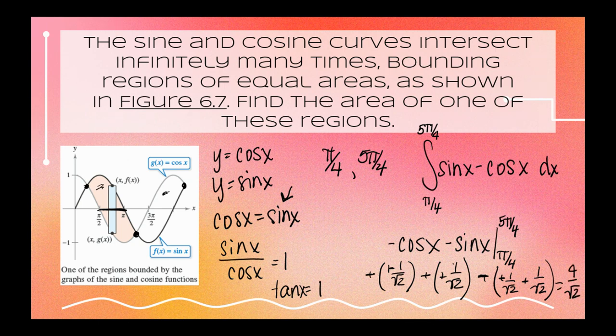So 4 over square root of 2? Because they all end up being positive, 1 over square root of 2, yes?